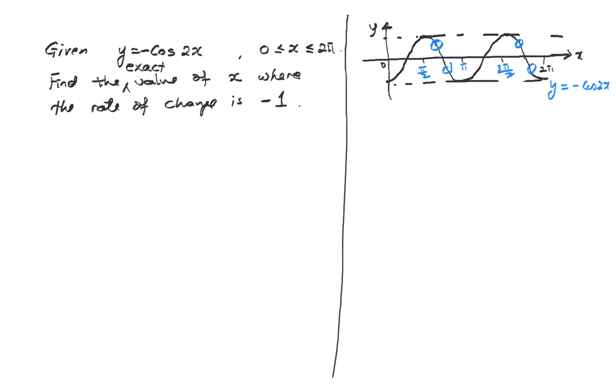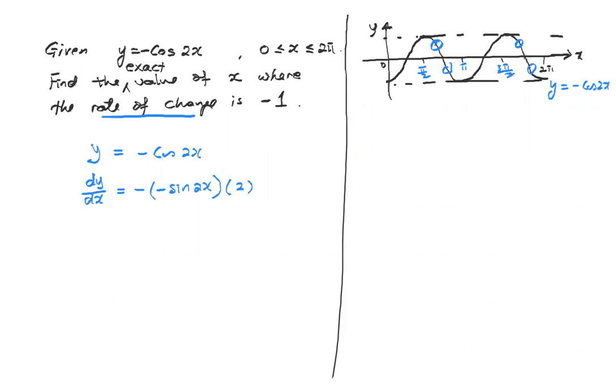So you have your y equal to negative cos 2x, correct? I want the rate of change to be -1, so I must get the rate of change function first. You differentiate cos, you get negative sin. You differentiate 2x, you get 2.